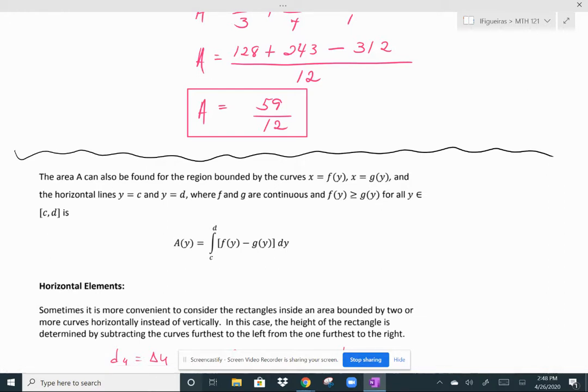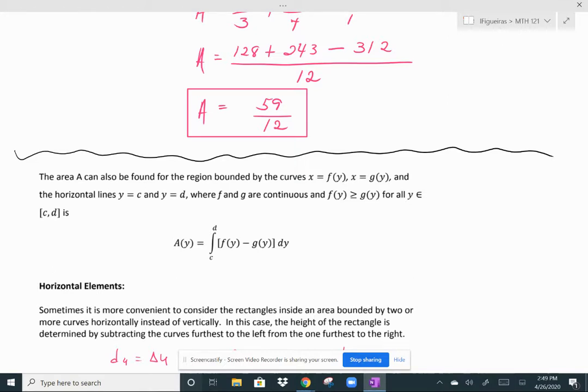And so suppose I have x equal to f of y and x equal to g of y, and we have two horizontal lines, y equal to c and y equal to d, where f and g are continuous, and f of y is greater than or equal to g of y for all values of y on this interval from c to d.